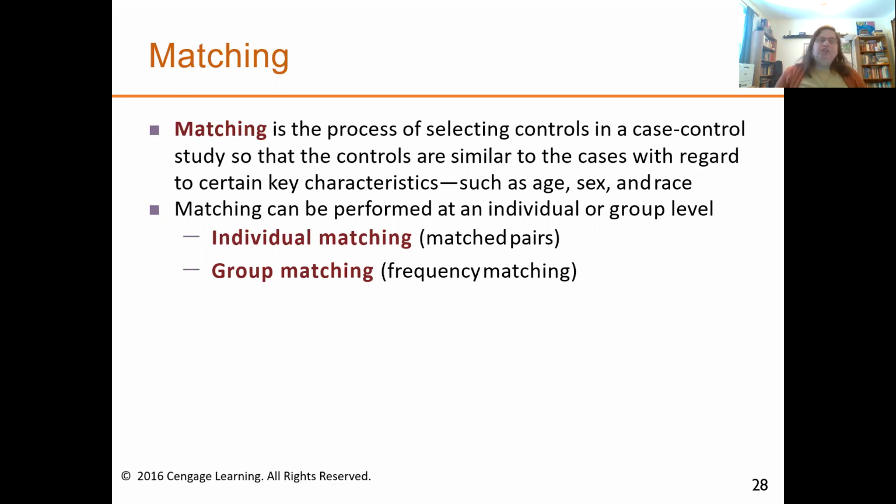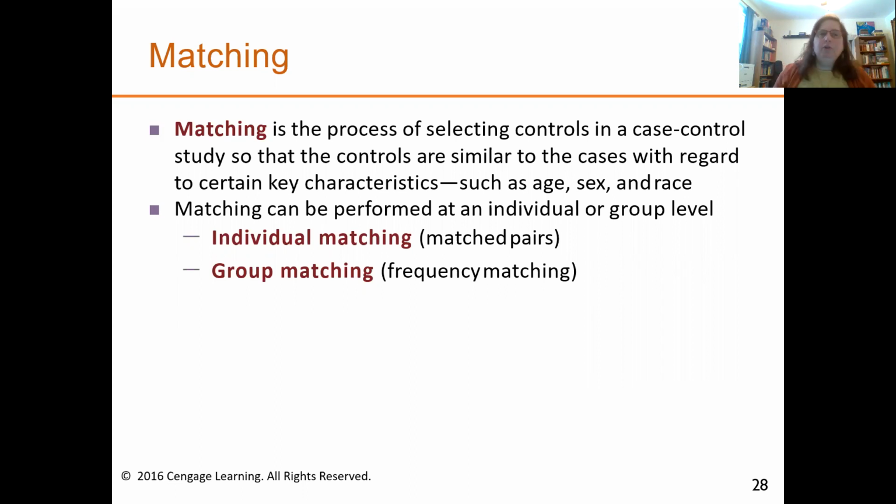So if we individually match, we kind of talked about this before with the idea of match pairs. So if you have person A in the case group, okay? John Smith. John Smith is a male who is 65 years old and Caucasian. So now in your control group, what you want is a male 65-year-old person who's Caucasian.